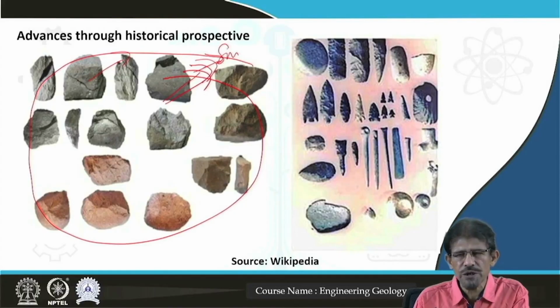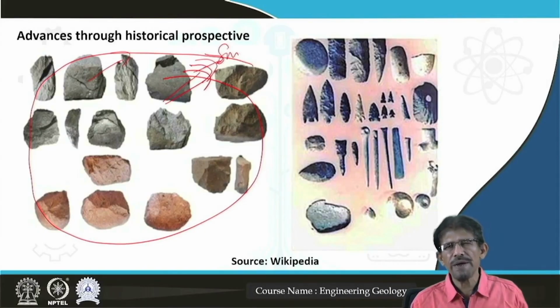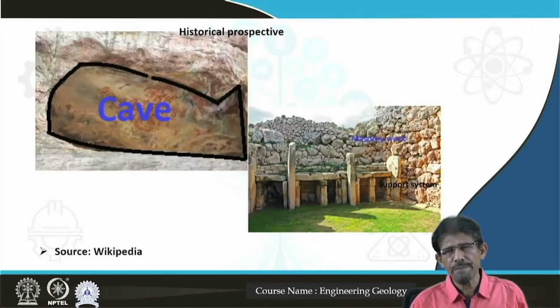Besides these, Stone Age persons were familiar with natural cavities from a stability point of view for their shelters, to save them from the cold season and from wild animals. We have one good example located in the Bhimbetka area in Madhya Pradesh, India.